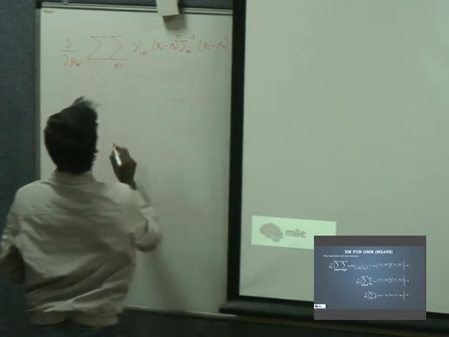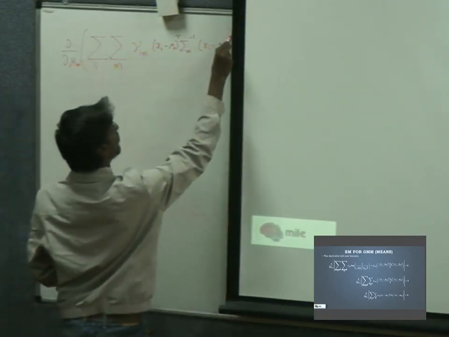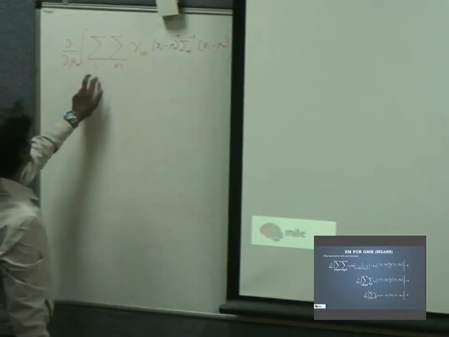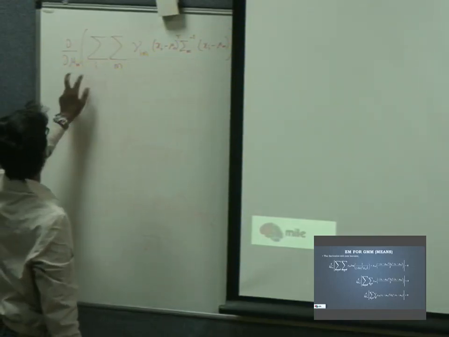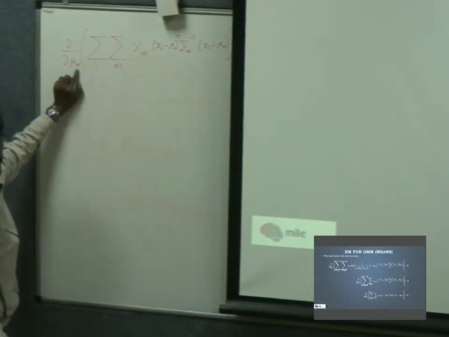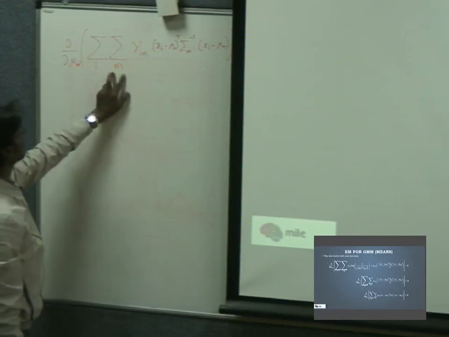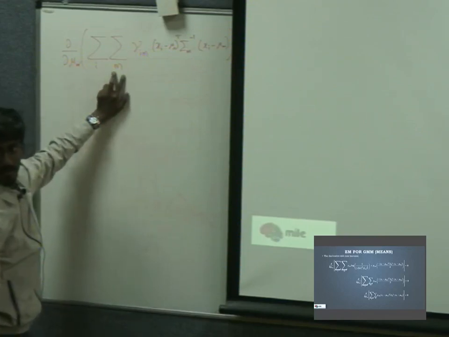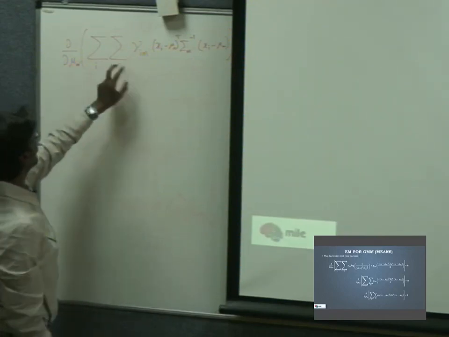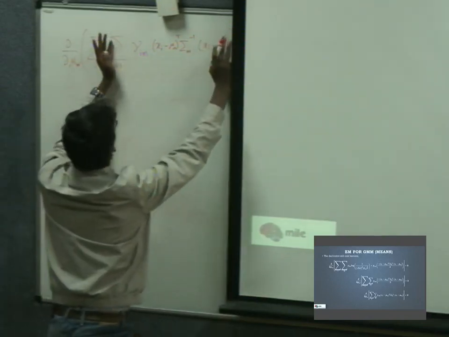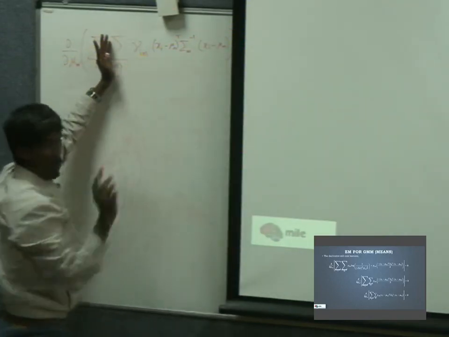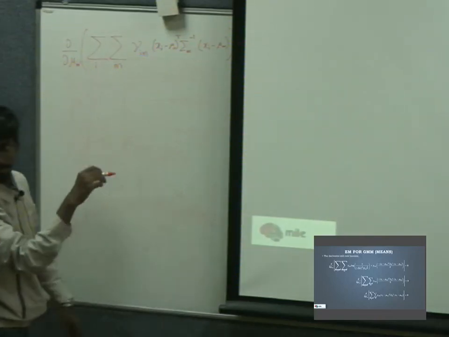When you take the derivative with respect to the m-th term, there is a sum over m, so only one term out of all the terms in this sum will have this mu m dash term.